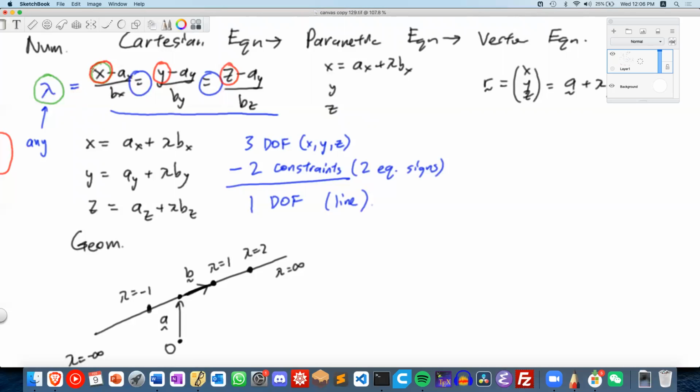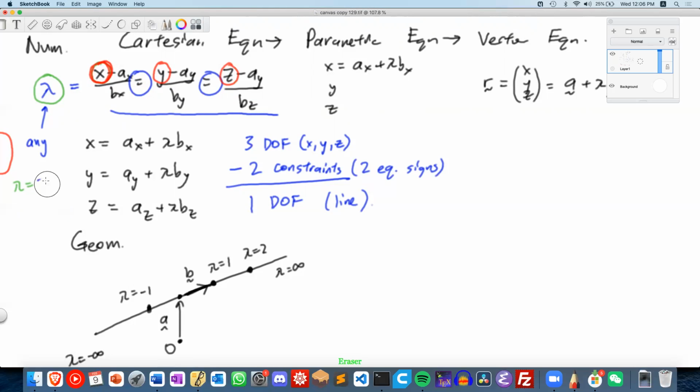So now the degree of freedom, indicated by green, is no longer x, y, or z, it is in the lambda. So for example, I choose lambda equals to 1, then x will have to satisfy this equation, and to satisfy the equation, x will equal ax plus bx. Or let's say I choose another value, lambda equal to 2, then x would have to equal ax plus 2bx.